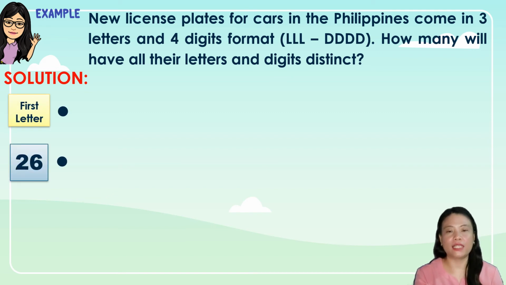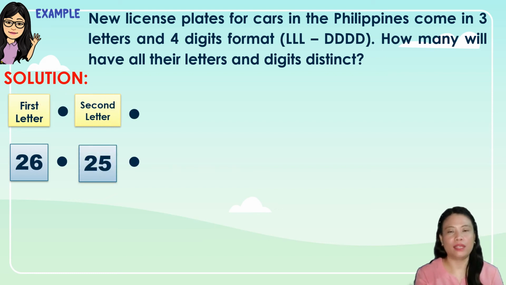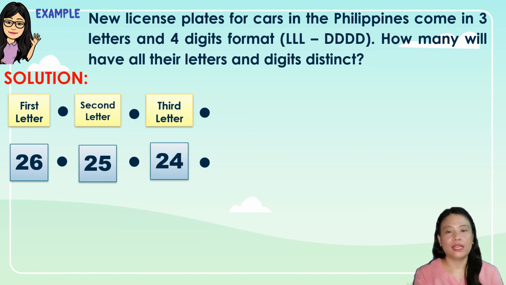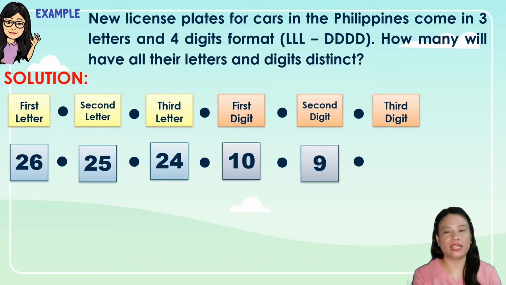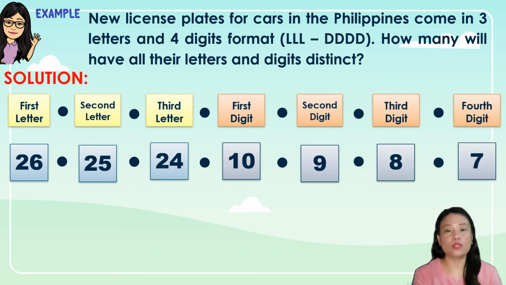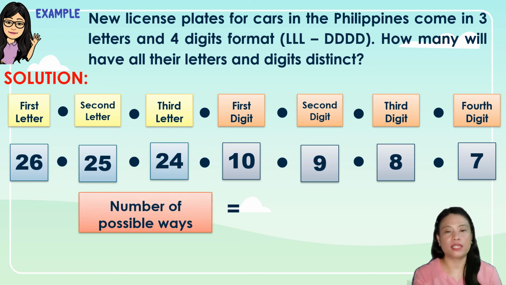The first letter can be any of the 26 letters in the alphabet, but the second letter can only be any one of the 25 since we cannot duplicate the first letter. There are only 24 choices for the third letter since we cannot duplicate either the first or the second. The same goes true for the 4 digits.